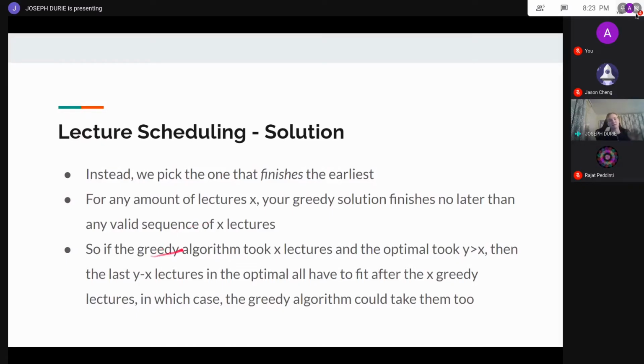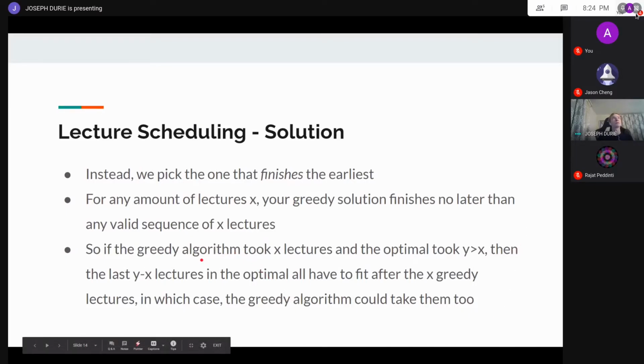So after X steps, your endpoint is going to be no further along than any other endpoint of a valid sequence of X lectures. So this point here is what we were talking about with greedy stays ahead, because for every X, you're ahead of any other valid sequence.